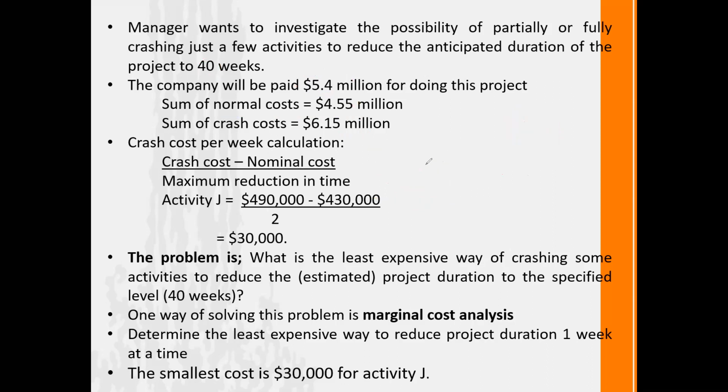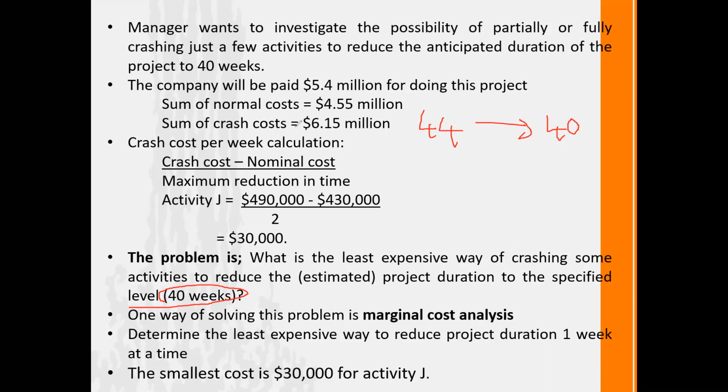So what is our question? The manager needs to find out the least expensive way of crashing some activities to reduce the project duration to the specific level of 40 weeks. We can reduce the project from 44 to 40, but we know that it consumes some cost.